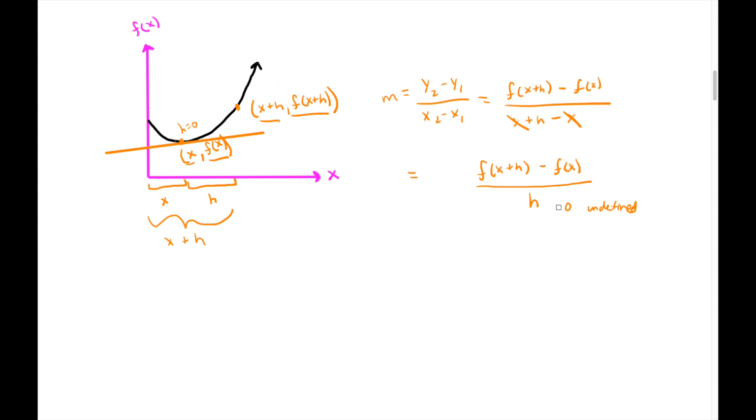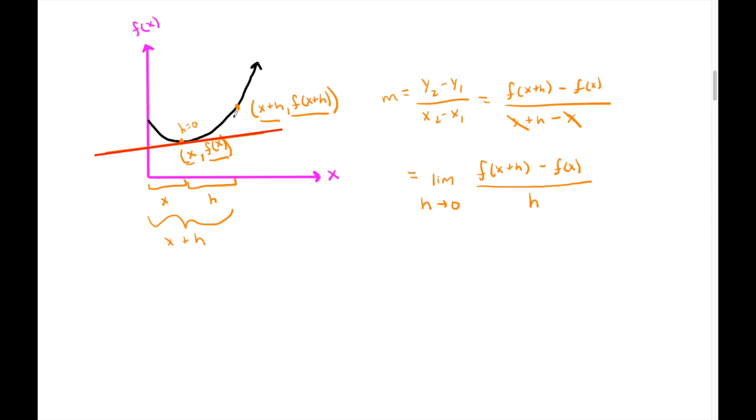However, that's the reason why we have limits, because limits allow us, instead of plugging in a value directly into our function, to look at all the slopes of this line from the first initial point as we slowly make that second point approach the first. Then we would find the limit as h approaches 0. Remember, h is the distance from our initial point.